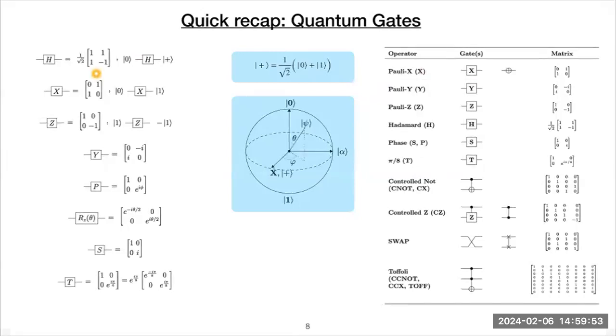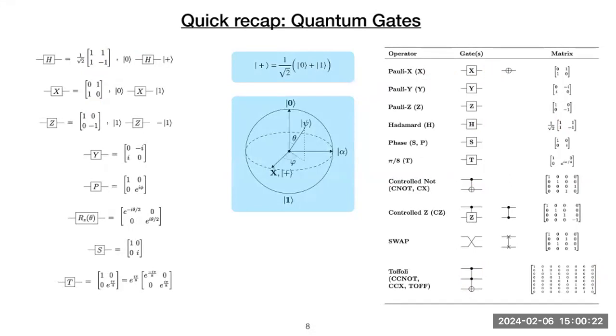If you see a 2 by 2 matrix, it's a 1 qubit gate. If we see a 4 by 4 matrix, it's a 2 qubit gate. And if you see an 8 by 8 matrix, it's a 3 qubit gate. 3 qubit gates will have 3 wires, 2 qubit gates will have 2 wires, and a 1 qubit gate will just have 1 wire. For example, Pauli X is represented like this, which is the Pauli matrix, Pauli Y, Pauli Z. There's a gate called the Hadamard gate, which is this.